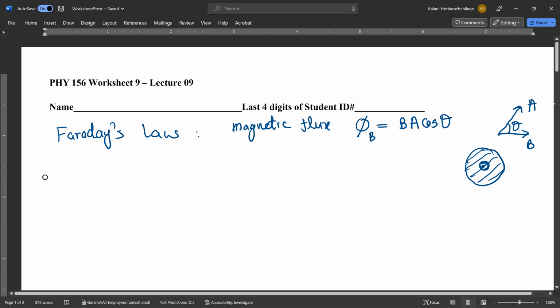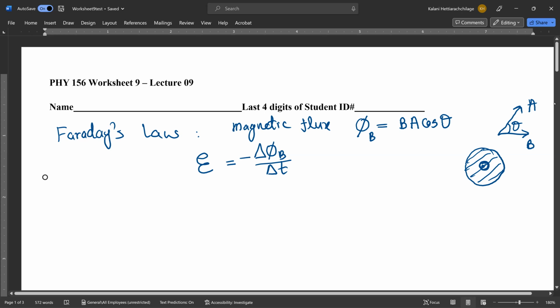He defined it as magnetic flux. If you take the rate of change of that magnetic flux, that means with time the magnetic flux changes, he called it, with the negative sign, the EMF, that is the induced EMF. Induced EMF means basically voltage. Because of that, it will create the current that we call the induced current, right?